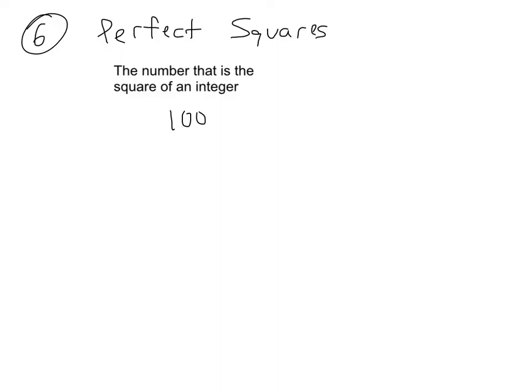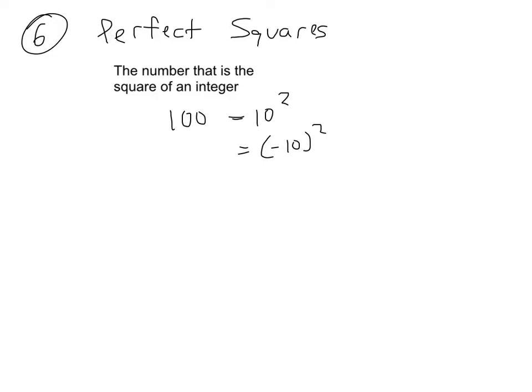And why? Because there's an integer out there that I can take times itself to get 100, and that would be 10, right? 10 squared equals 100. So we say 100 is a perfect square because there's a number that I can square to get to 100, right? We could also say that negative 10 squared is 100 as well.